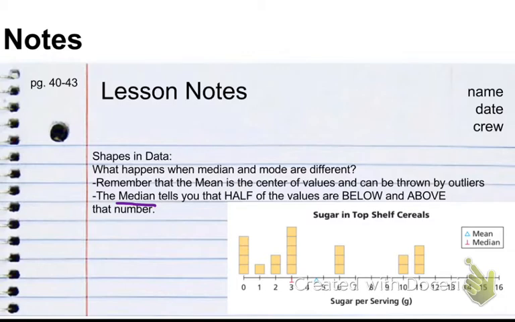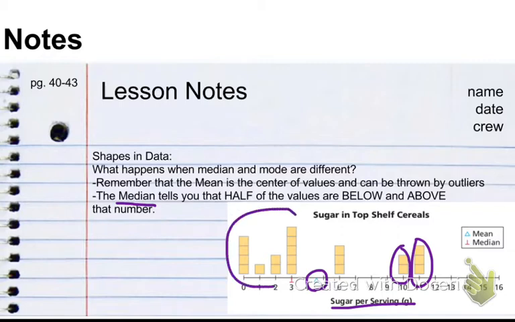Okay? So what happens here? For instance, we have the cereal again. Well, the mean is located at 4.5. And that means that we have some cereals here, namely this one that is 10, these two that are 10 grams here, and these three over here that are 11 grams, that are throwing off our data.